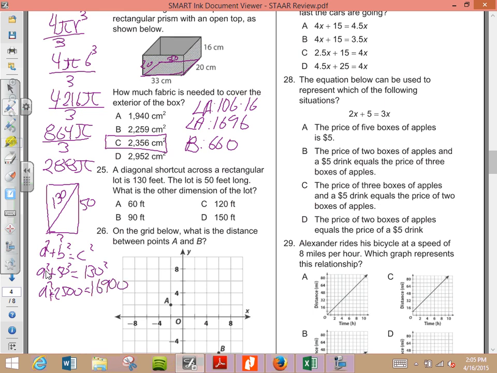You subtract them. You get A squared equals 14,000 what? 400. You take the square root of both sides, and you should end up with 120.